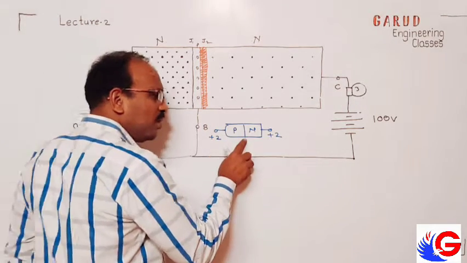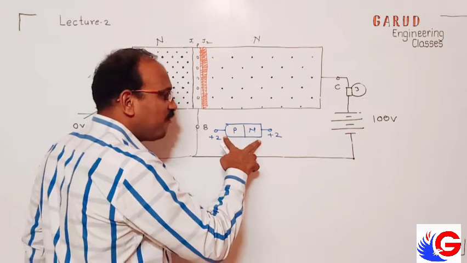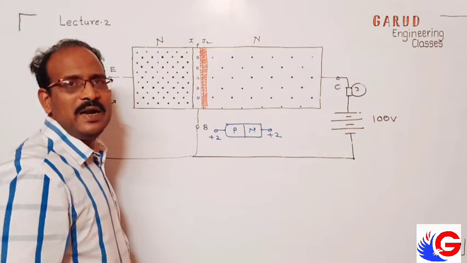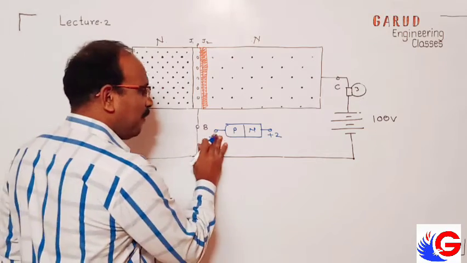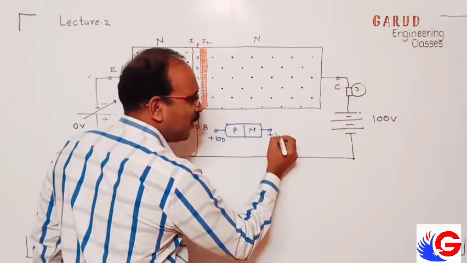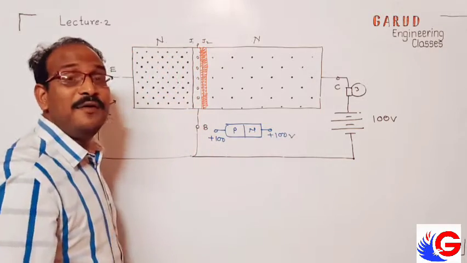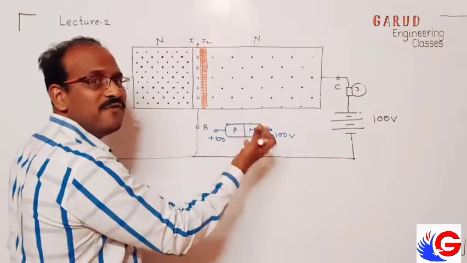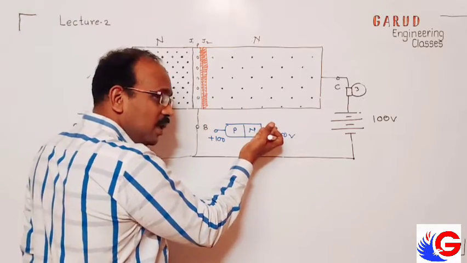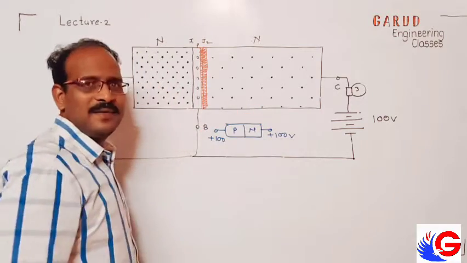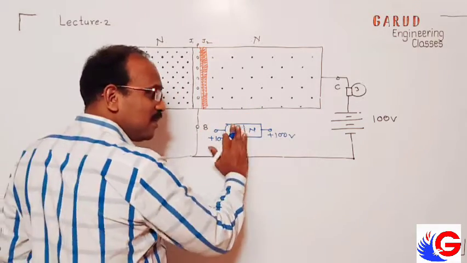To turn on, to break the depletion layer, the potential difference across the junction must be greater than 0.7 volt and P should be positive relative to the negative. If I apply plus 100 volt over here and plus 100 volt here, what will happen? Nothing will happen. Diode will not turn on. Why? Because there is no potential difference. Here should be 0.7 volt greater than this. Correct? So because of this, it will not turn on.